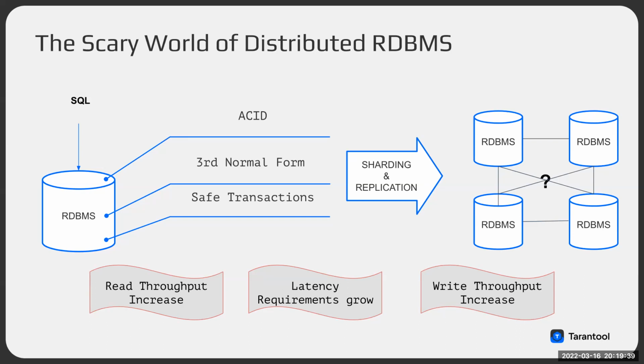A whole new area of new and complex tasks arises when you move from the comfortable and sweet world of relational databases to the scary and uncertain, I'd say, world of distributed databases.